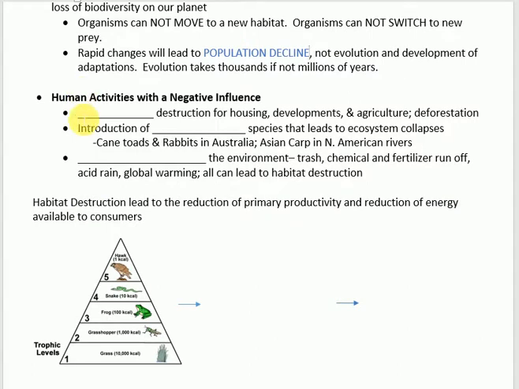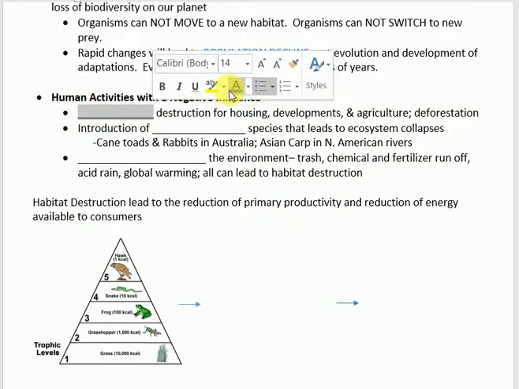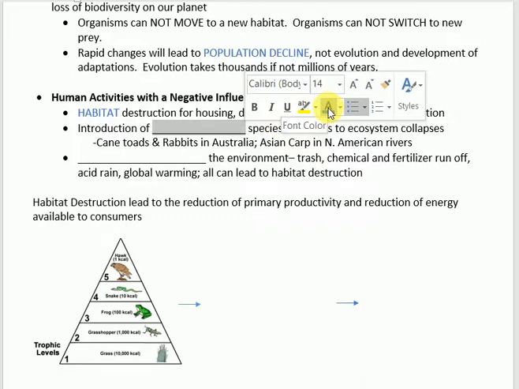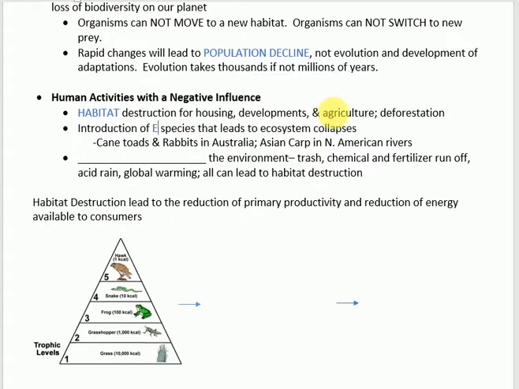So some human activities that have had a negative influence. We've got habitat destruction, and that's for housing developments, sometimes just parking lots. And we've also got deforestation. Then there's also the introduction of exotic species, and this can actually lead to an ecosystem collapse.